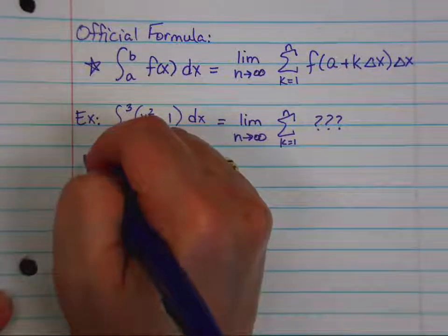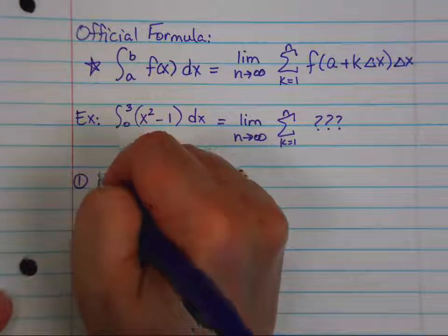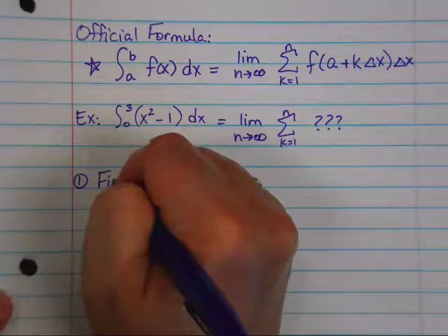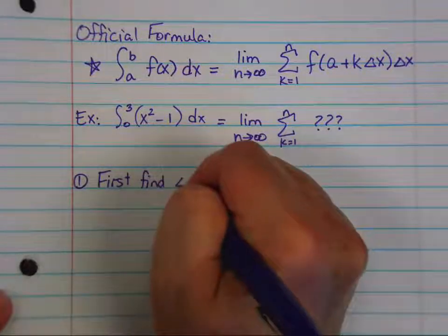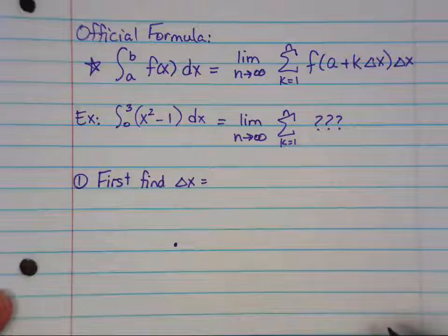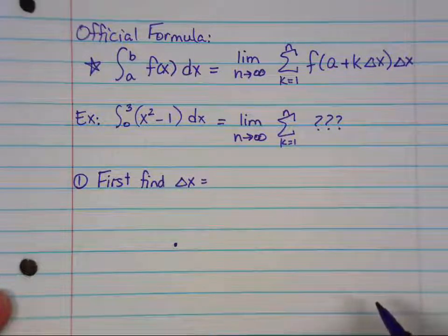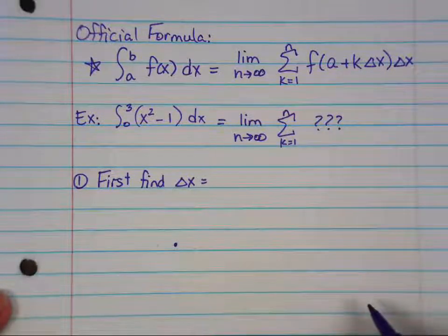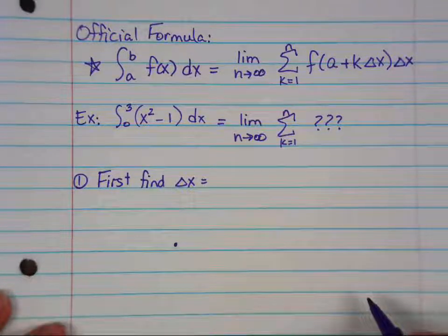Okay. Step 1. First, find delta x. Okay. What's the formula for delta x again? Look at the beginning of your notes if you don't remember. You need to know this, guys. B minus A over N. Do you know what A and B are?